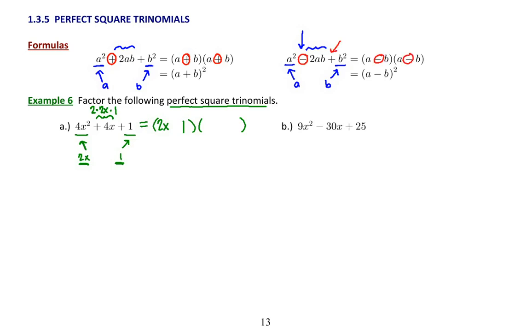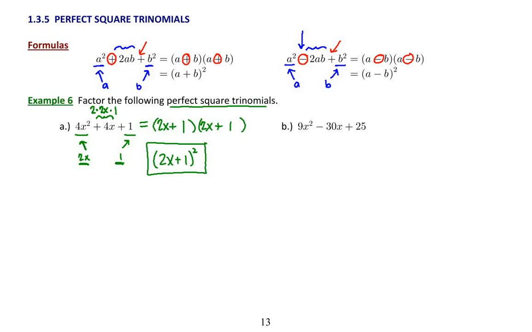And notice that the last term is always positive for a perfect square trinomial. So the two signs that we're going to use here are plus and plus. So the factorization is 2x plus 1 times 2x plus 1. Again, you could figure out those binomial factors with the trial and error process. Let's go ahead and write this in the more condensed form, 2x plus 1 quantity squared.